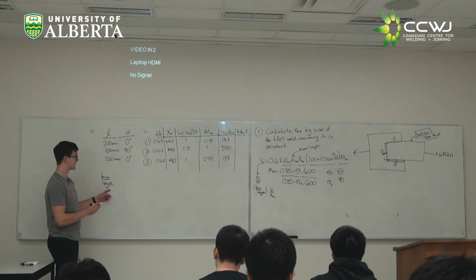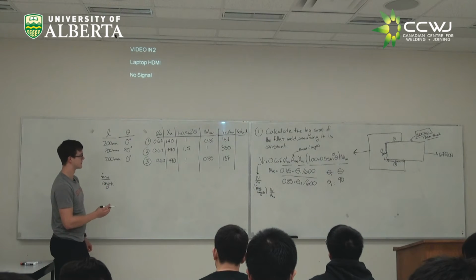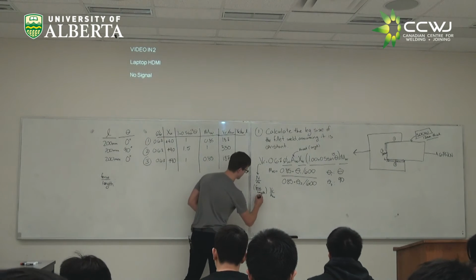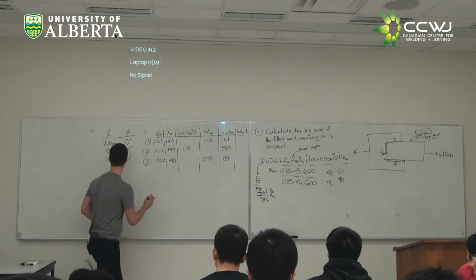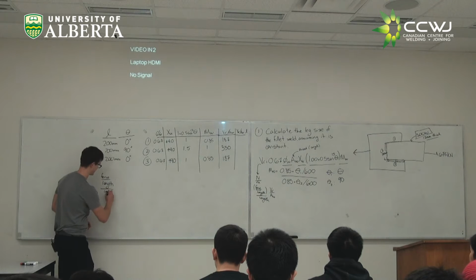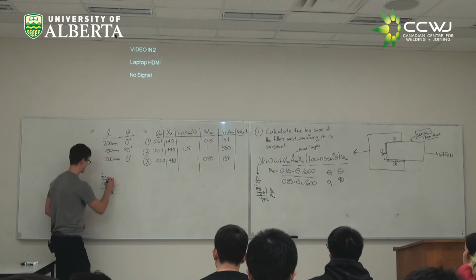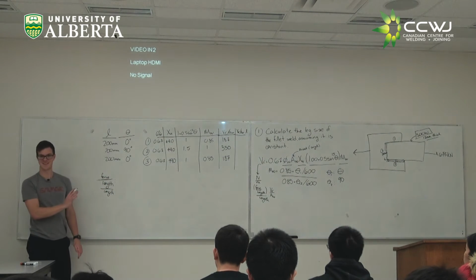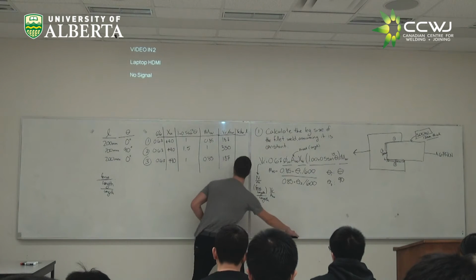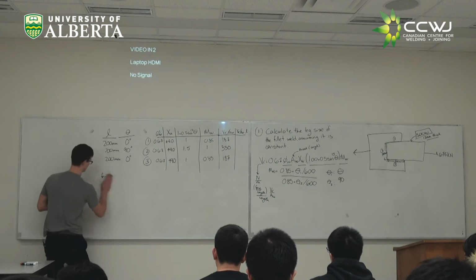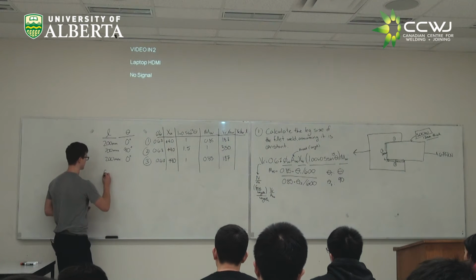So if we multiply this, and this is actually a force per length, sorry. That's probably not the right way to write that. But you guys know what I'm talking about, right? Here, I'll fix that. What it really is, is the force per area.